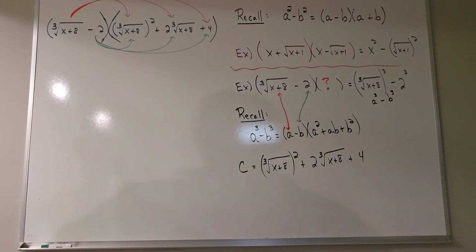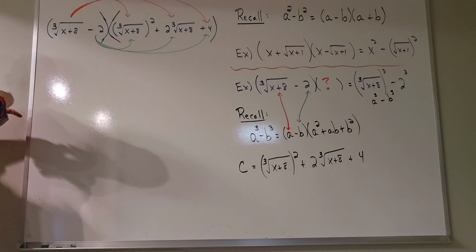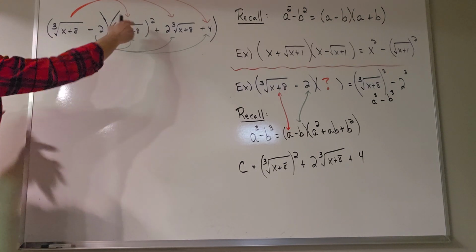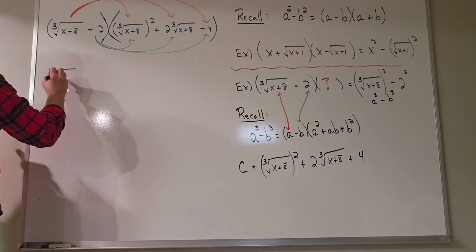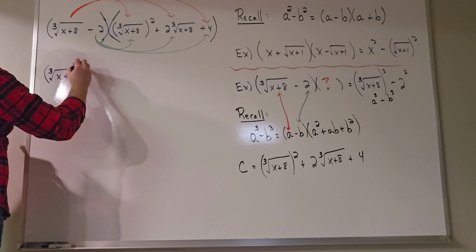So here we go. When I distribute the cube root through, we're going to get the cube root times the square of the cube root, which will be the cube of a cube root. But let's not eliminate that yet. Let's show all the details.